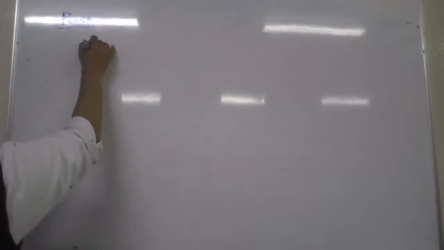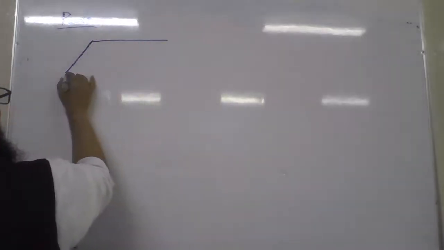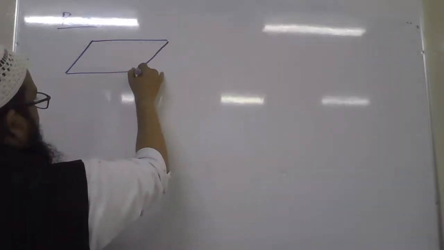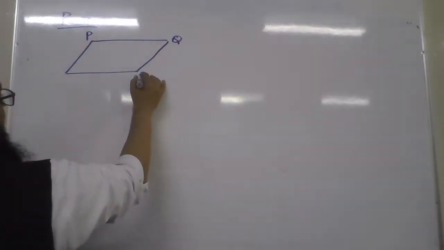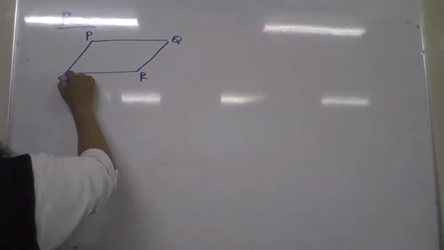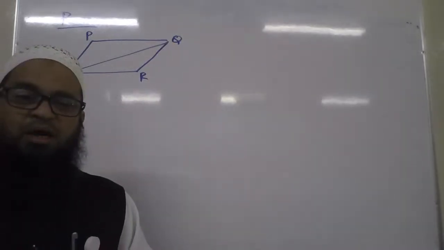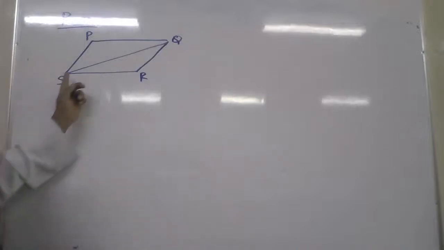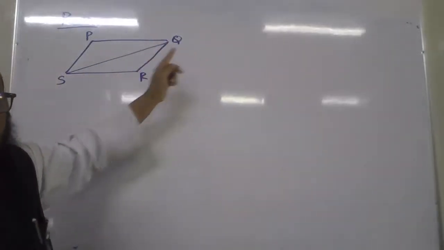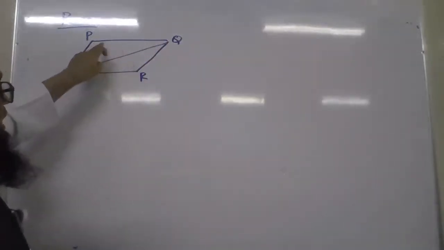So what is that? Diagonal of a parallelogram. Let us say this is P, Q, R, S. The diagonal of a parallelogram divides the parallelogram into two congruent triangles. That means when I draw a diagonal SQ, two triangles are formed.